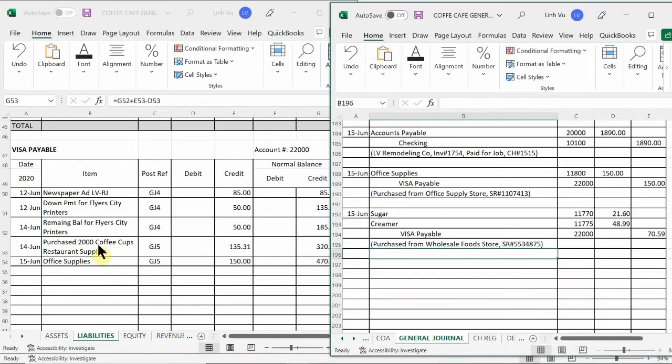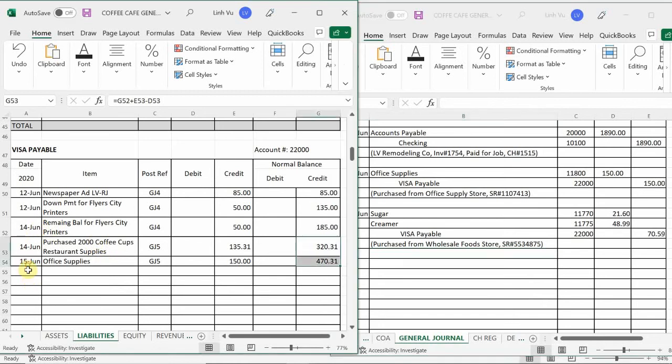Okay, Visa payable. That'll be $540.90. We need to fill out the rest of the information first.